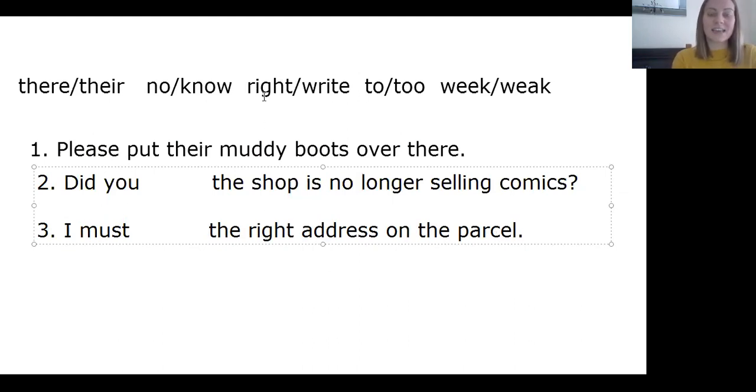It's right, isn't it? So you've got to decide the right spelling of right to go in there. So we've got right as in that's correct, or we've got right as in what you're going to be doing in a minute, writing with your pencil. Okay, so pause the video now, choose the right spelling of right, include it in that gap for me, and write out the full sentence with that really nice handwriting.